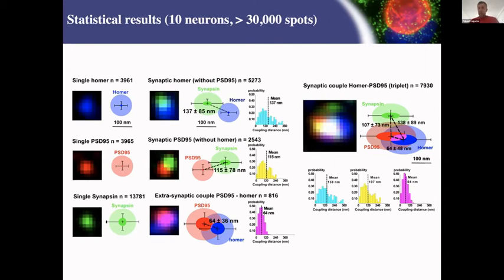And what is really important is that we can see the arrangement of the synapse with the synapsin that is in face of the PSD 95. So the PSD 95 is really at the PSD, and the Homer is slightly behind and slightly on the side of the synapse. And this is something that has been observed with very few examples in electron microscopy.